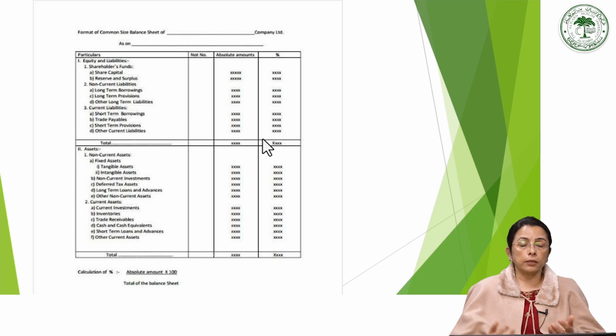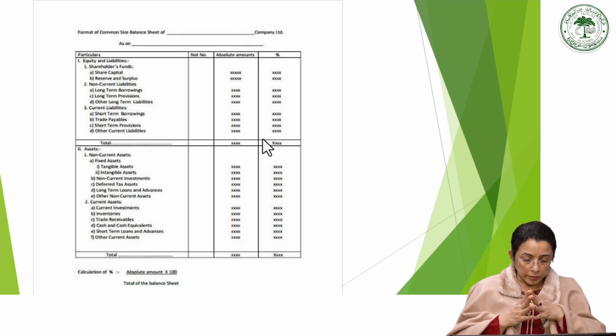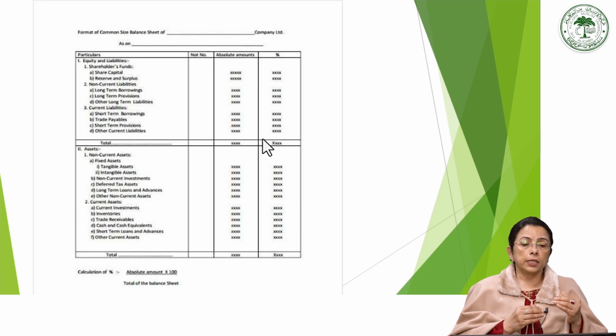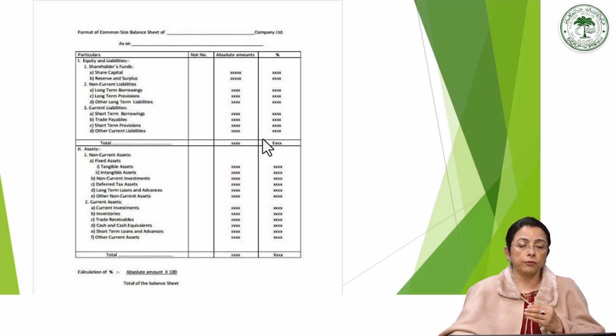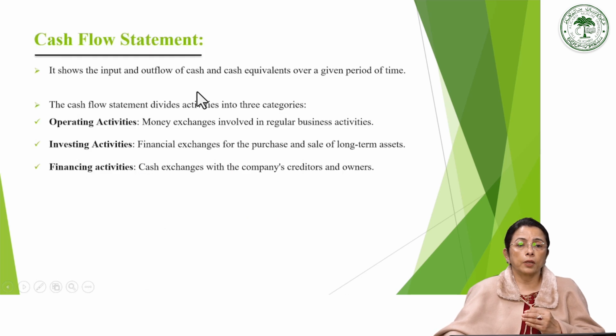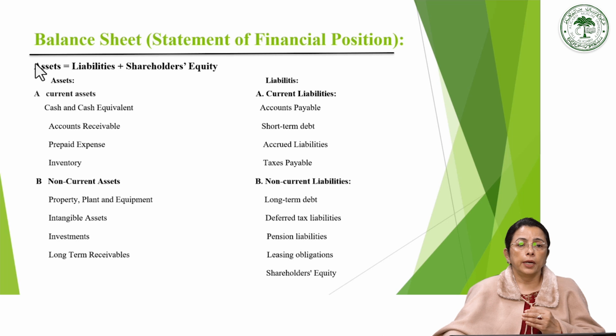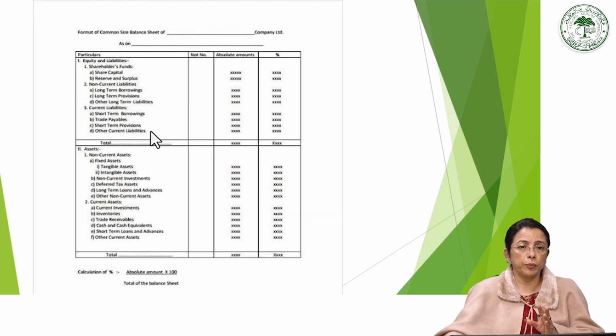So please take note that both sides of the balance sheet should be equal. They must be equal. As we have shown in the equation here, assets are equal to liabilities plus shareholders' equity. So this equation has to be satisfied while we are making it. This total has to be equal to this total.